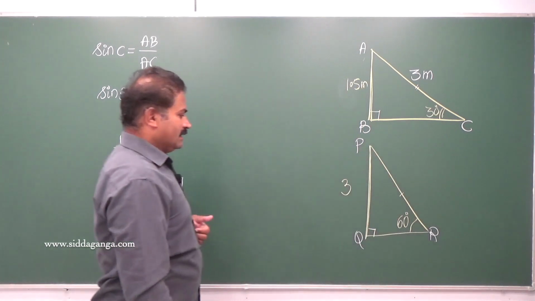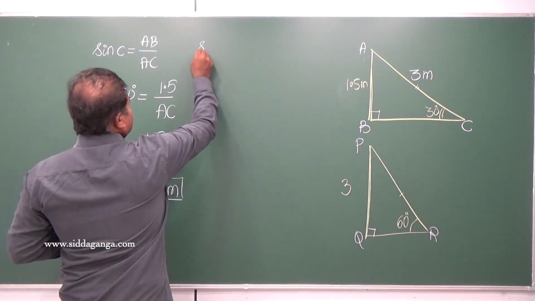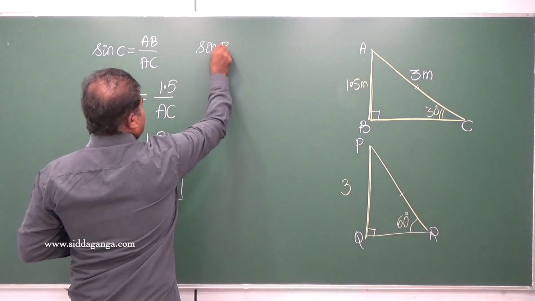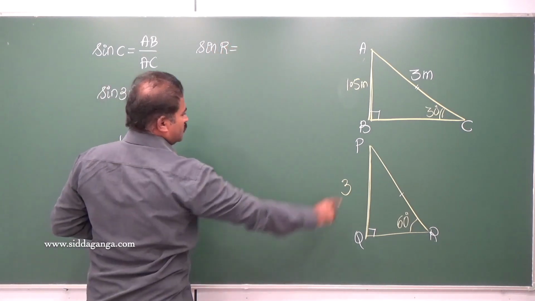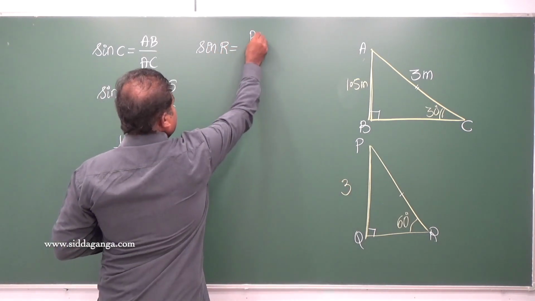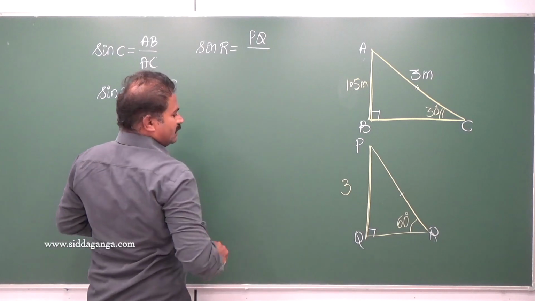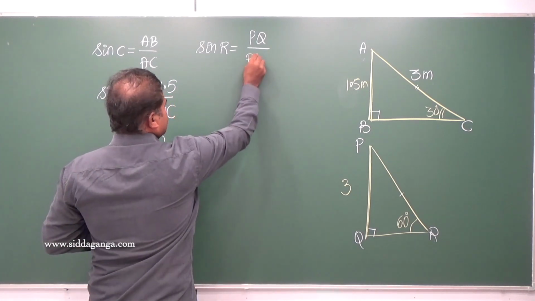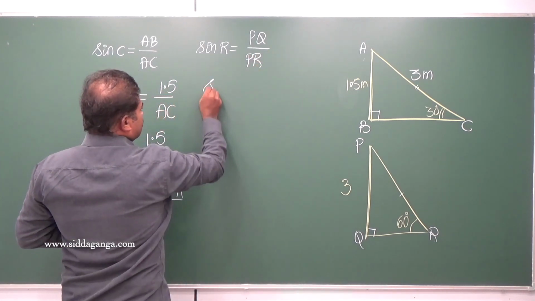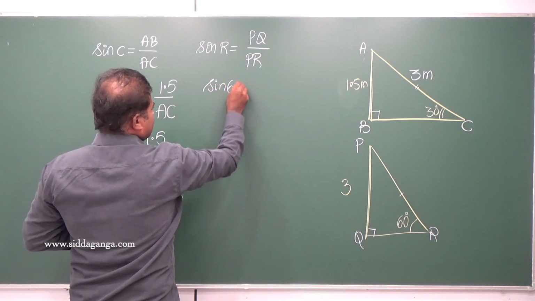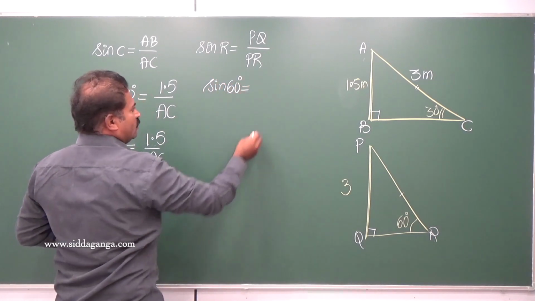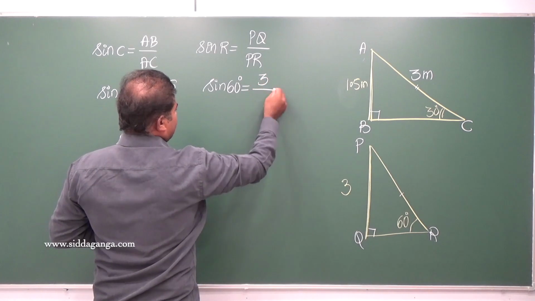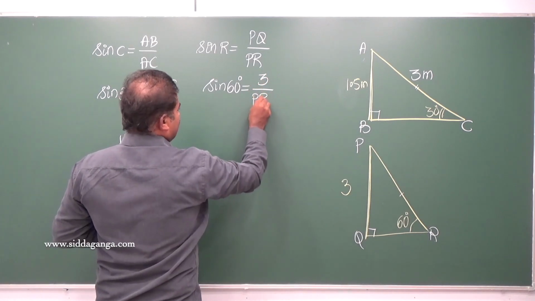In the second case, I'll take sin R, which is equal to the opposite side PQ divided by the hypotenuse PR. So sin 60 degrees is equal to PQ, 3 meters, divided by PR, which you need to calculate.